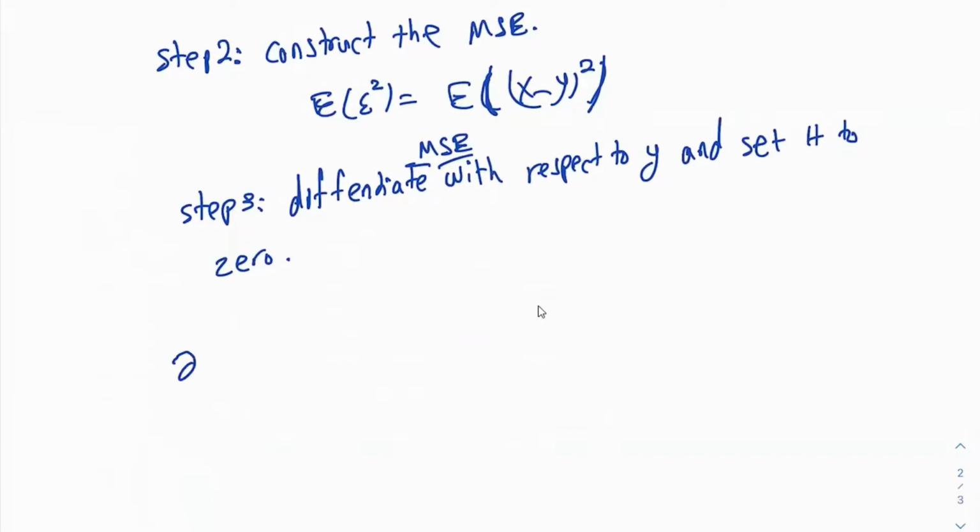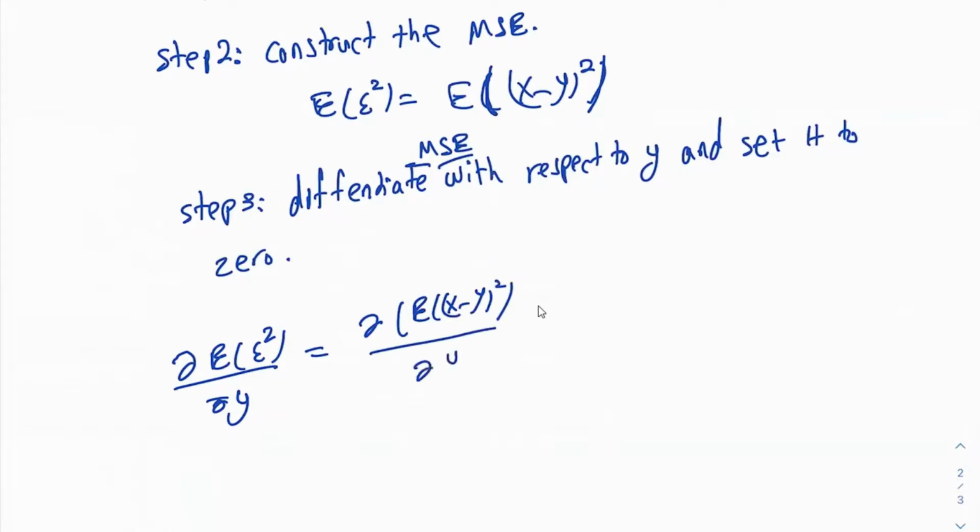You can use a d instead of a partial derivative since there is only one variable. I think this is general. Is equal to... right? Great.